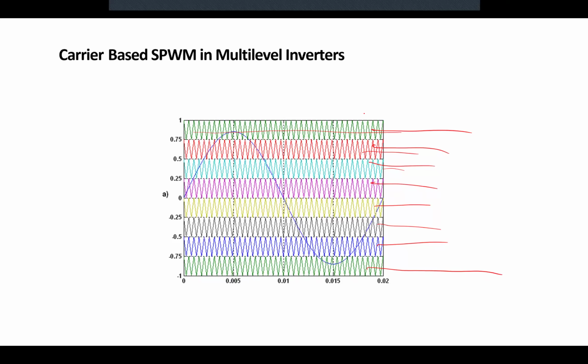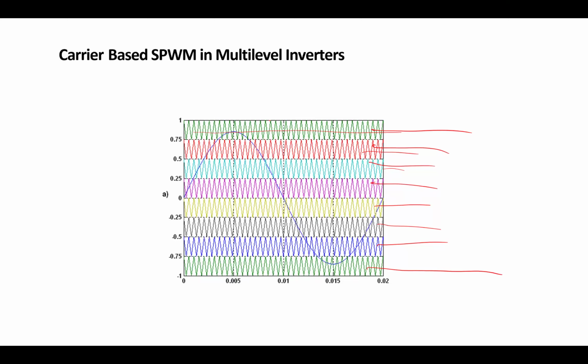For example, here we have 1, 2, 3, 4 modules of inverters cascading each other. So each of the carriers is 0.25 amplitude if our reference is per unit. Are we good? Does that make sense?